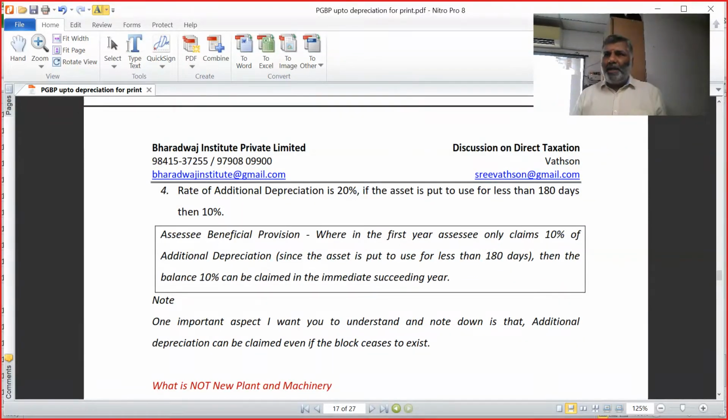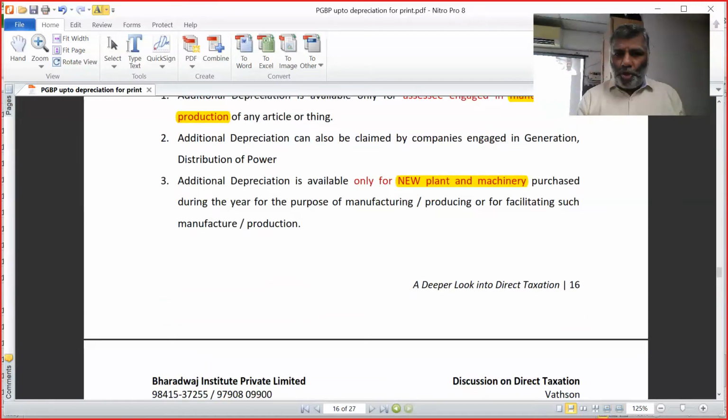Rate of additional depreciation is 20%. Only for plant and machinery, my dear friends, which are used directly or indirectly in facilitating the manufacturing process, not for intangibles, not for buildings.